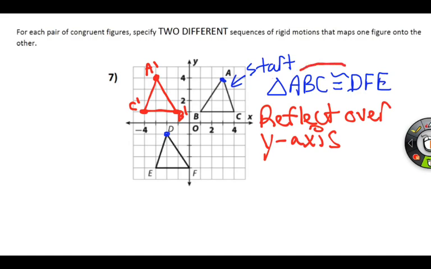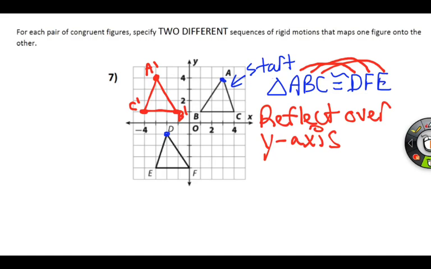So A has to land on top of D, and then of course B goes to F, and then C goes to E. So let's see how far A needs to go to D. It needs to go over 1 to the right, and then down 1, 2, 3, 4, 5.